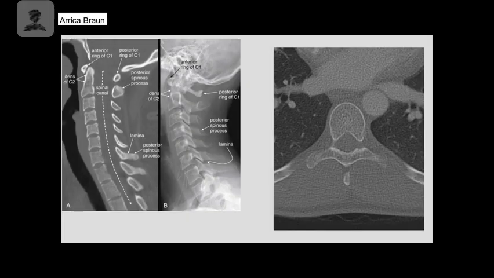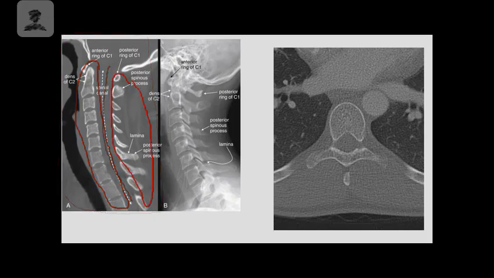So here's an example of C spine imaging on the left, and then we have a T spine on the right. These are both going to be from a lateral perspective, or a sagittal image. From here, this is going to be looking at the spinal canal. You can see all of the vertebrae here. These are the vertebral bodies, and then these are all of the spinous processes.